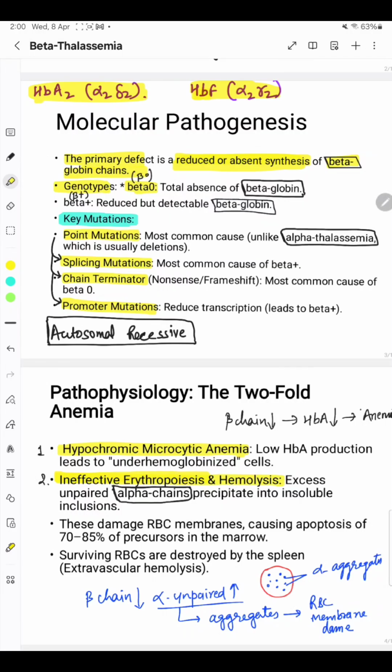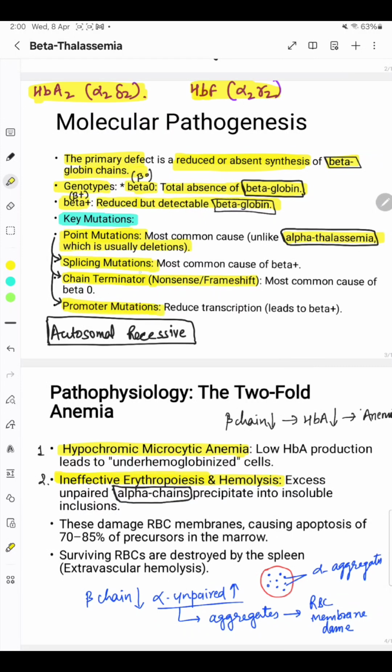Beta 0 signifies total absence of beta globin, and beta plus signifies reduced but detectable beta globin. The key mutation in beta thalassemia is point mutation. This is the most common cause of beta thalassemia pathogenesis, unlike alpha thalassemia, which is usually caused by gene deletion. There are three types of point mutation: splicing mutation, chain terminator, nonsense or frameshift mutation, and third is promoter mutation.